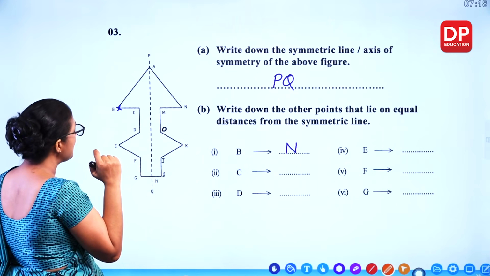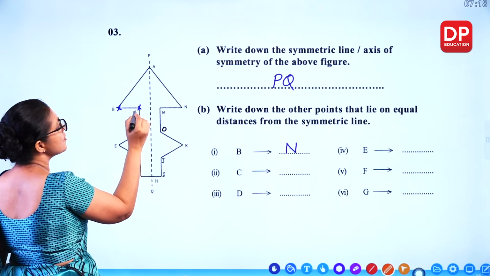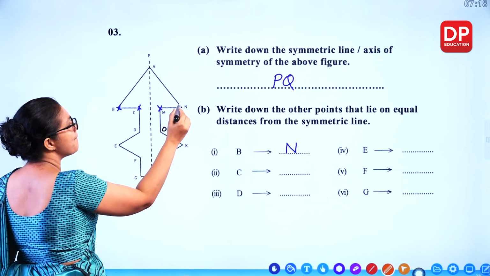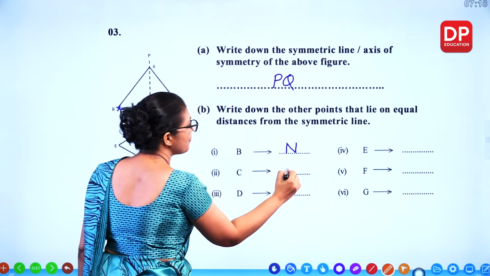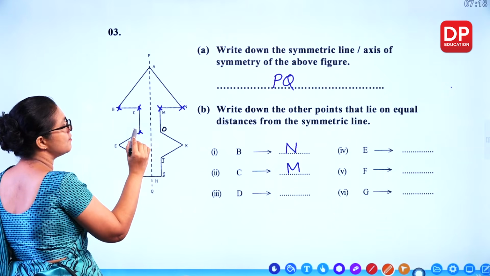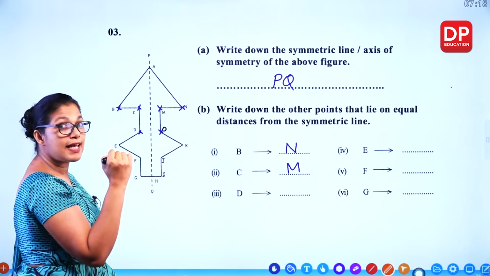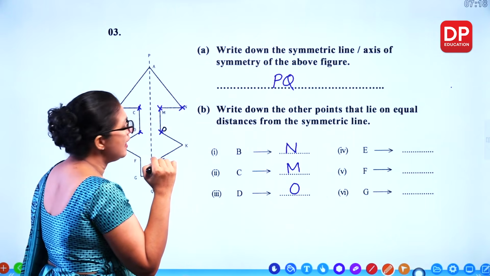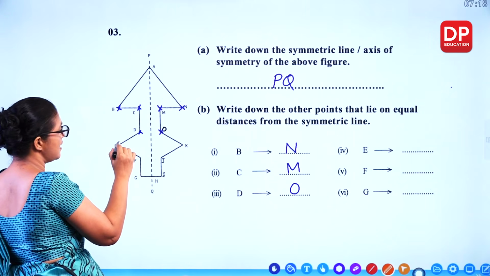If you take C, this one. So what's the other point, equal distance point? M. D is here. What's the equal distance point? That's O. E, where's E? Here.